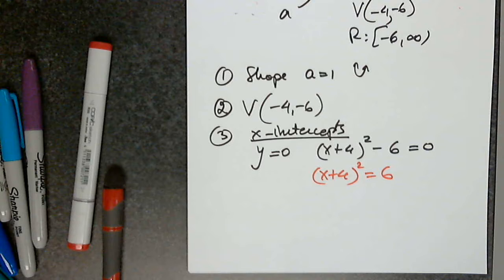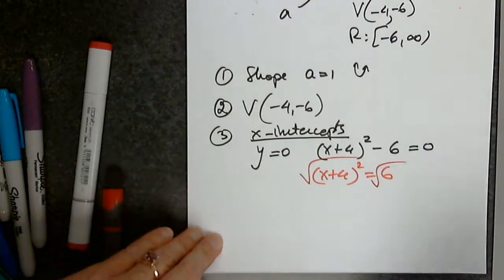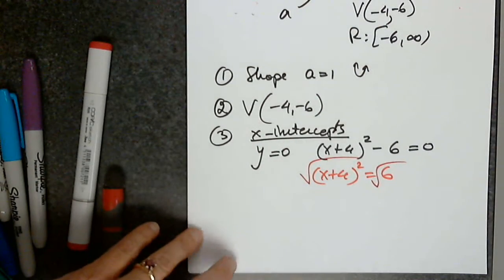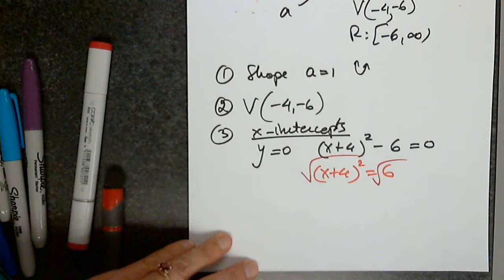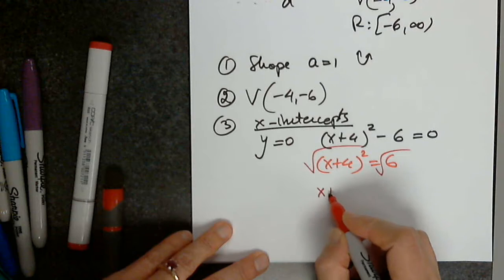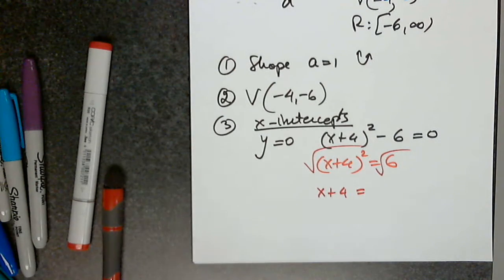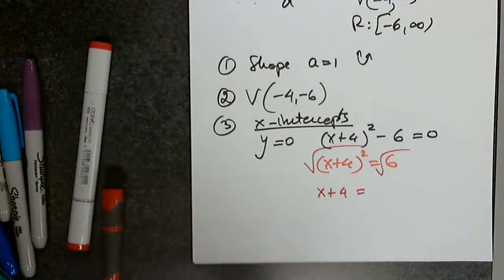I have to have 6 on the other side. So now I take the square root. I remember that I have to have, at the end of the day, how many solutions? 2. So then the left-hand side is x plus 4. It should have been the absolute value. Instead of writing the absolute value, what do I need to do? Exactly. You can't forget that.